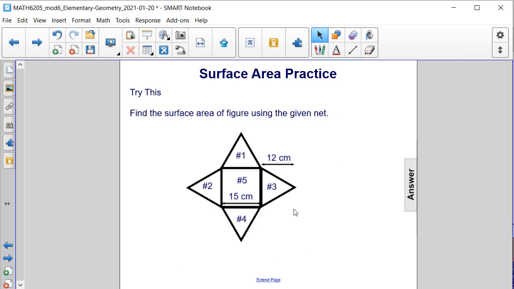Let's try another problem. Find the surface area of the figure using the given net. Well, this is the net of a square pyramid. And a square pyramid consists of 4 triangles and 1 square.